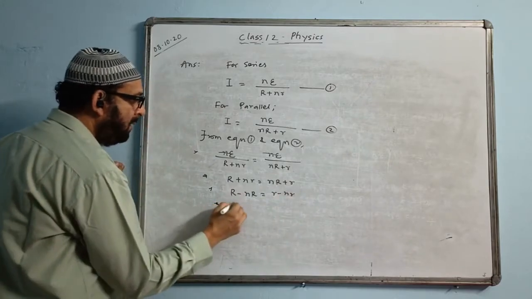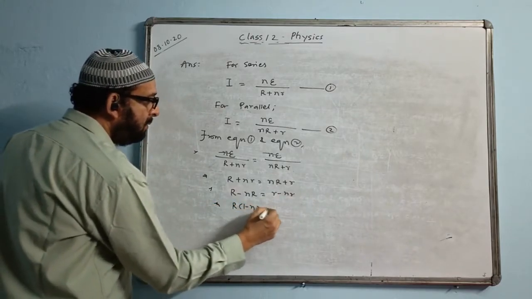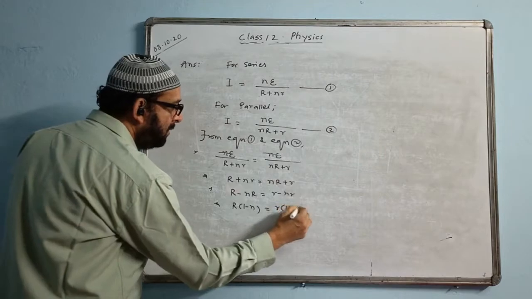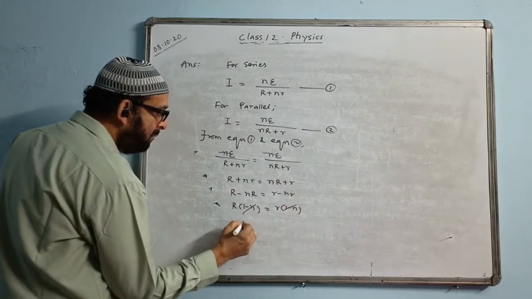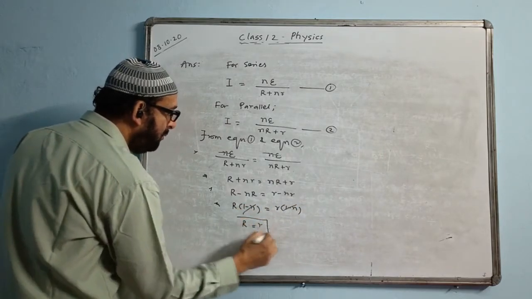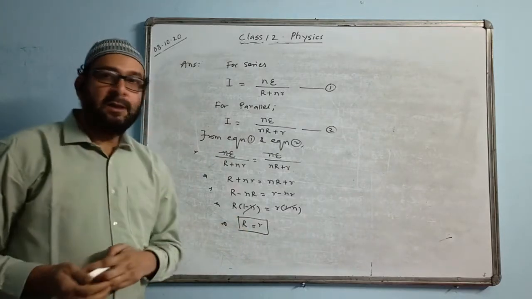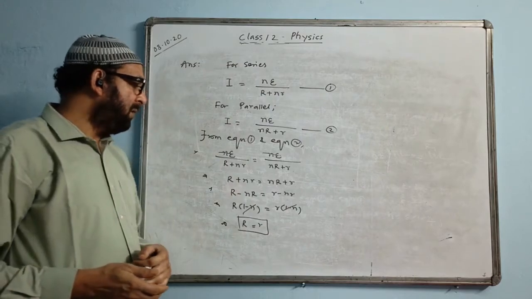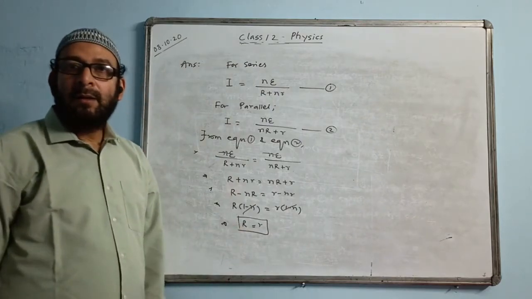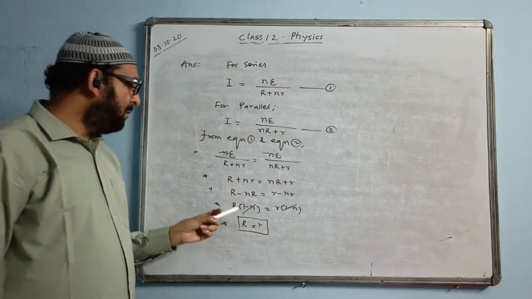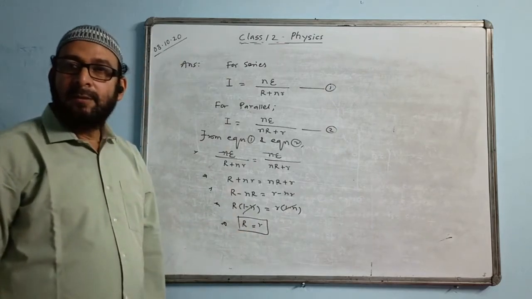Take R common, we get 1 minus n, and small r common, we get 1 minus n. These two cancelling, we have R is equal to r. This is the relationship. Therefore, external resistance and the internal resistance of each cell must be equal. So that is the relationship between R and small r.